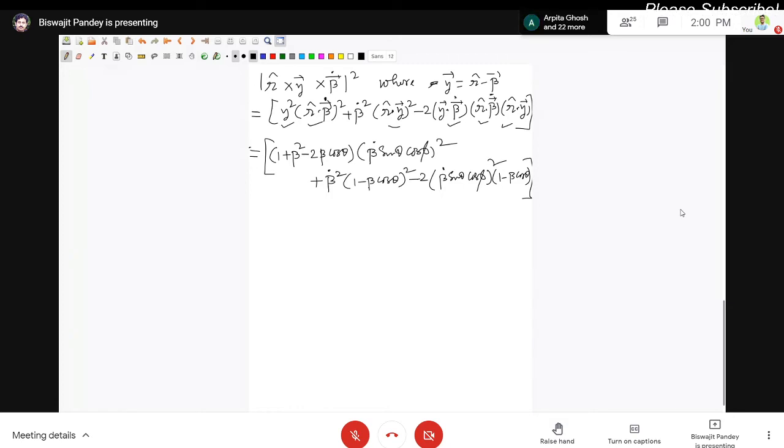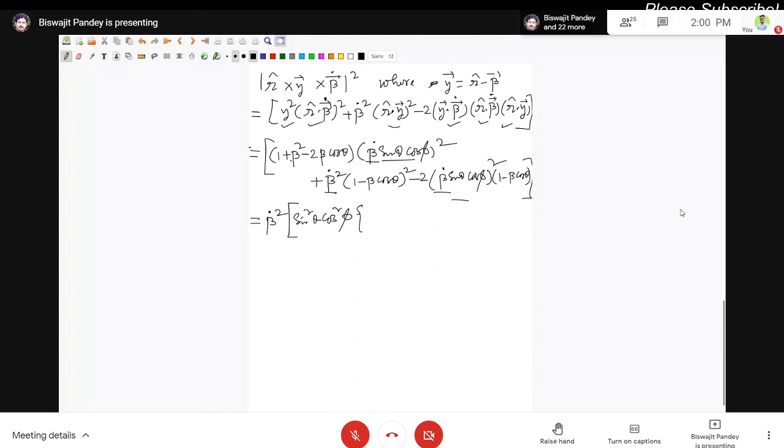Then you see all of the terms contain beta dot square, so I'm just taking that outside. Inside that, sine square theta cos square phi is also there with the first term and the third term, so let us make them separate. I'm taking sine square theta cos square phi common.